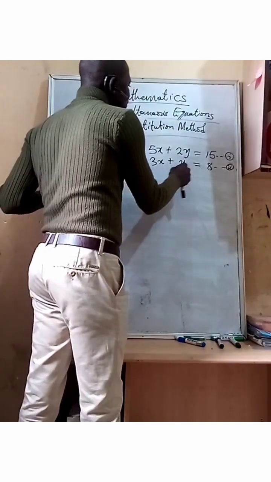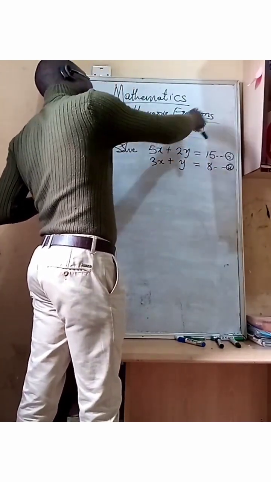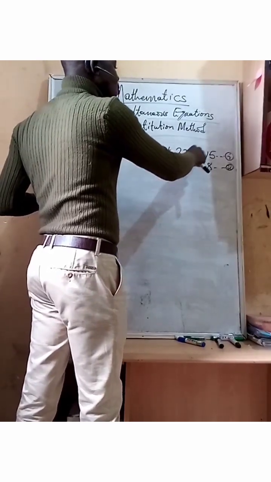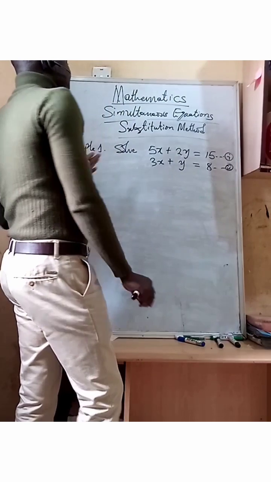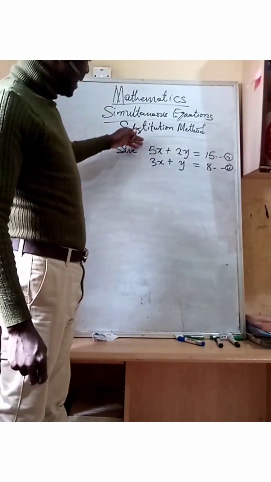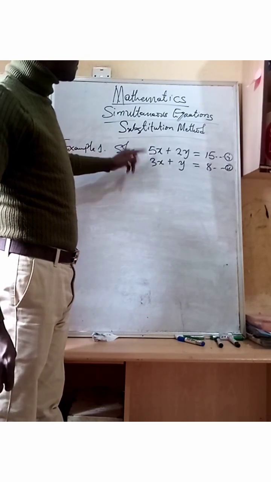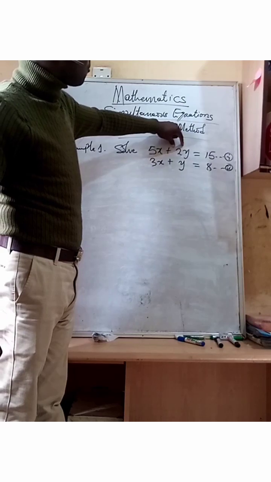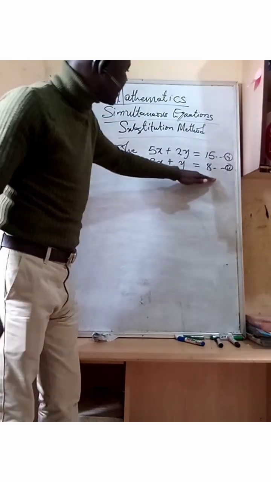Supposing this 3x plus y equals 8 is in equation 1, and the 5x plus 2y equals 15 is in equation 2. It would have been advisable for us to multiply equation 1 through by 2 to obtain equal coefficient for y in 2 consecutive equations.